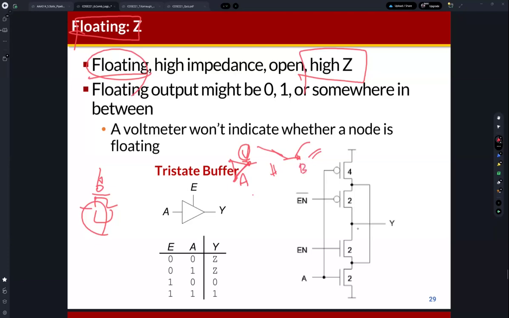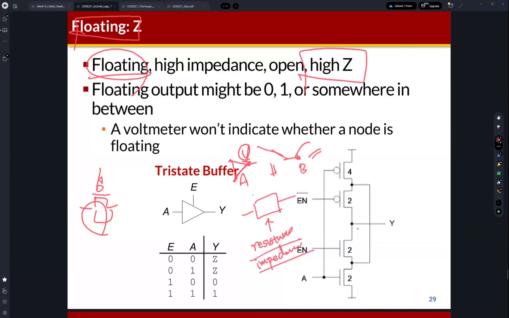So it's similar to this situation. This is a certain component, and then the impedance, or resistance, or impedance.